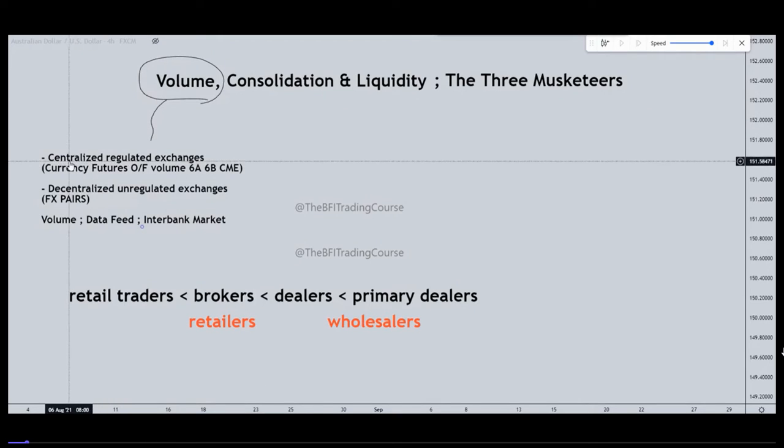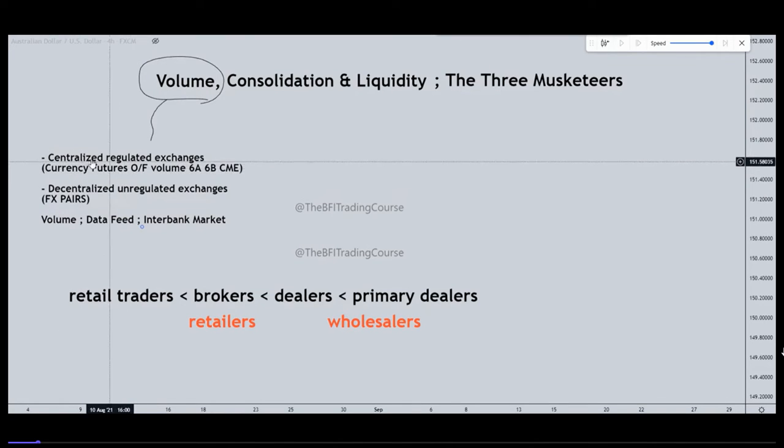Now, you have centralized exchanges like the CME in Chicago, and you have decentralized exchanges, unregulated, which are most FX pairs. Anybody can be a broker these days. These are the decentralized exchanges.